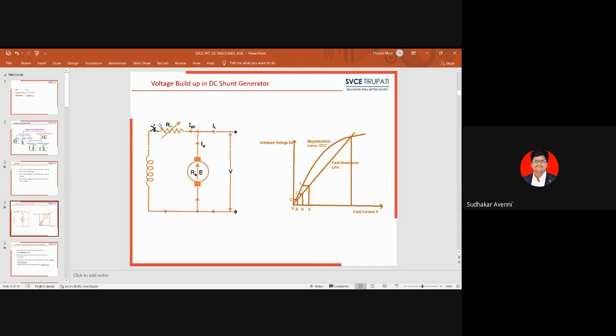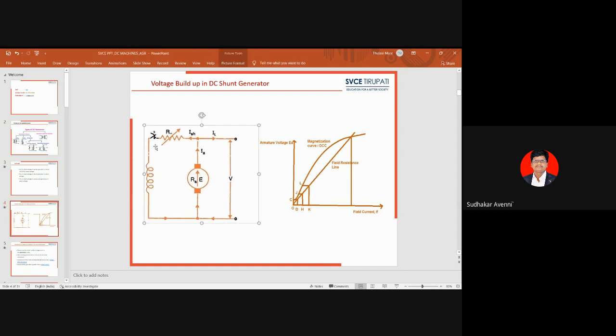When switch S is closed, this residual voltage drives current through the shunt field winding. When the current flows in the field winding, from the graph you have to see it increases from the origin to OD current.